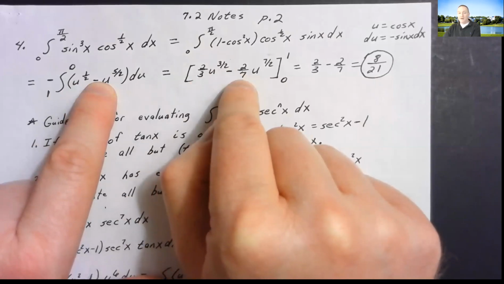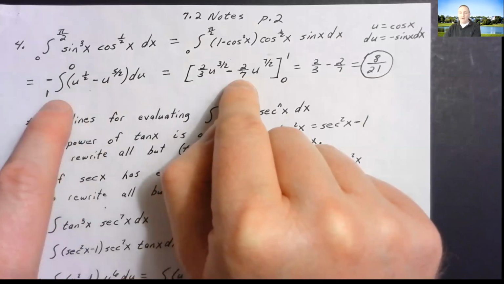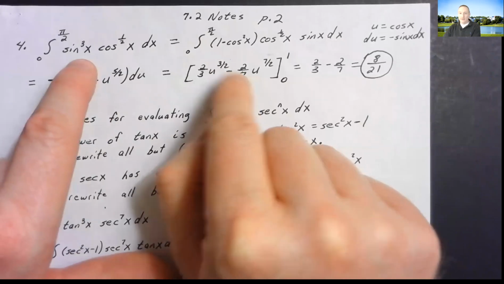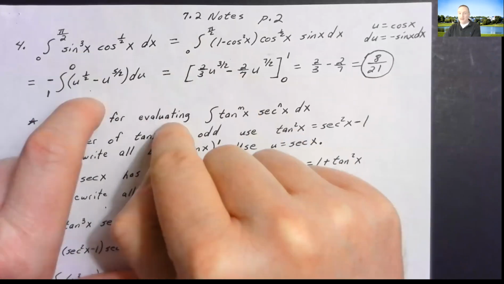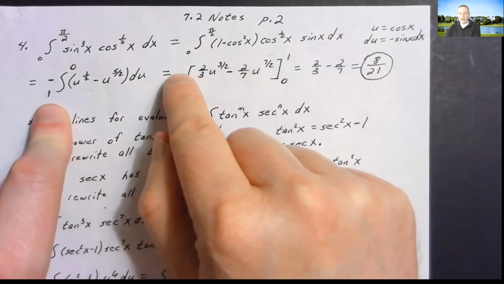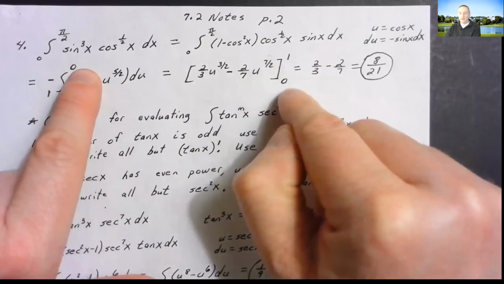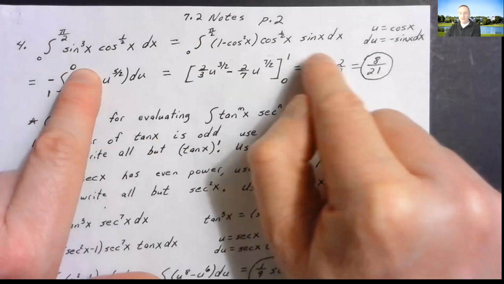We're then evaluating, please notice what I've done here. Instead of evaluating from 1 to 0 and then remembering to change the sign, I just said, let's flip those limits of integration and it will get rid of that negative sign. So I'm evaluating from 0 to 1 over here and not having to worry about the negative out front.